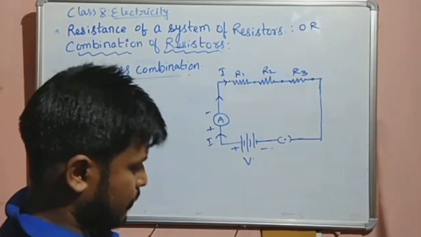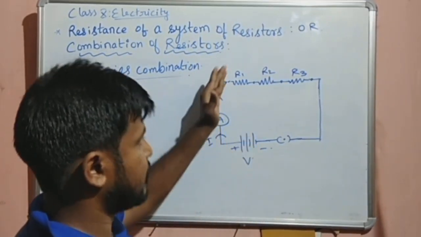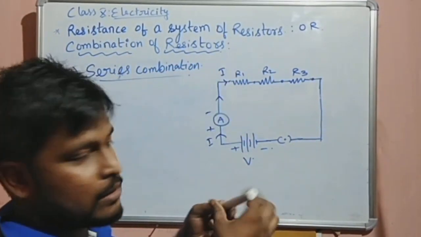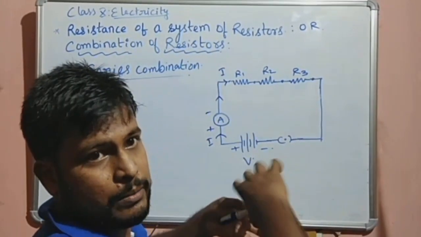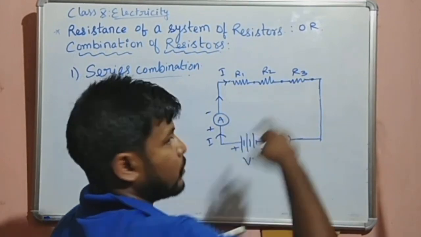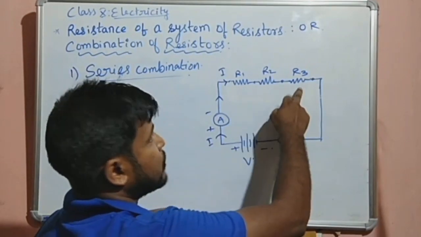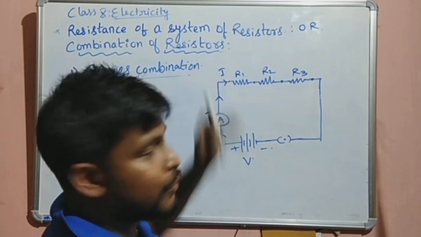Suppose this is a water tank, and the water is flowing through a single pipeline. Here the cross section of the pipeline is quite narrow, here also somewhat narrow or thicker. So these represent different cross sections at different positions of the pipe. Suppose we are comparing the current with water flowing in a tube.